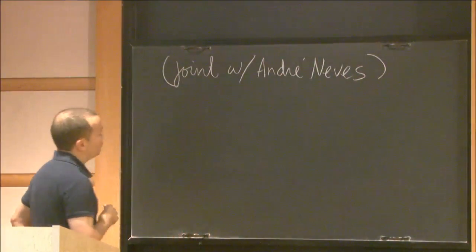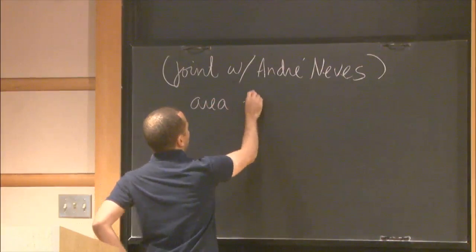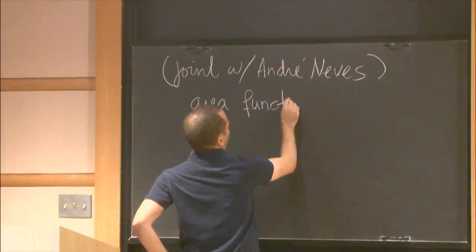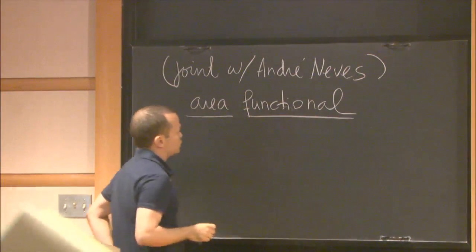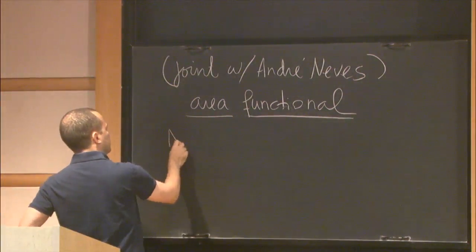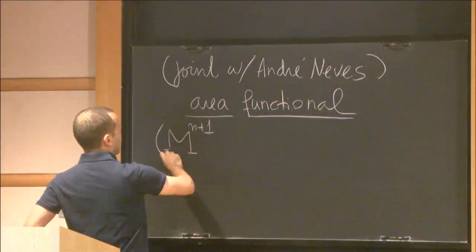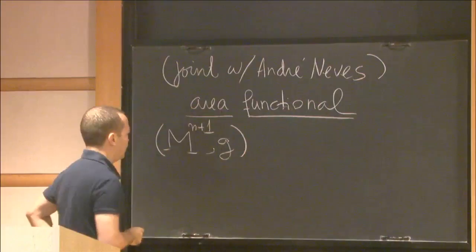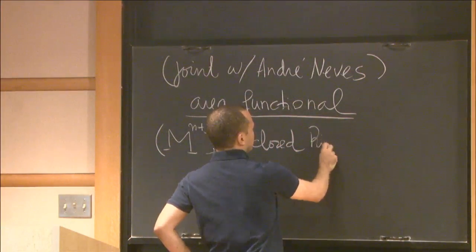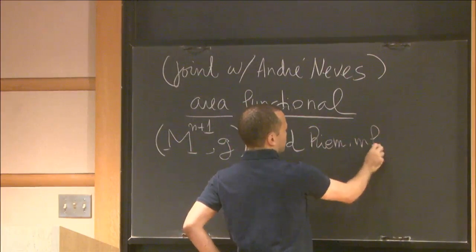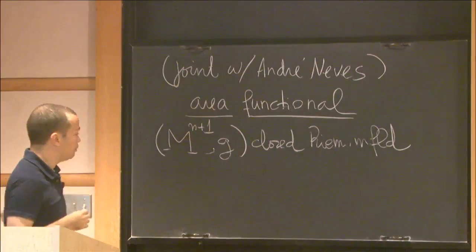Okay, so first of all, everything I'm going to say here concerns the area functional. My setting is going to be that of an n plus one dimensional closed Riemannian manifold M. And then I want to look at the codimension 1 problem.